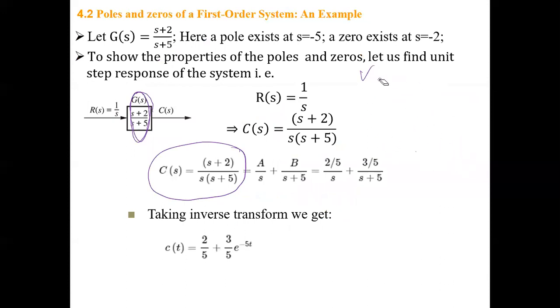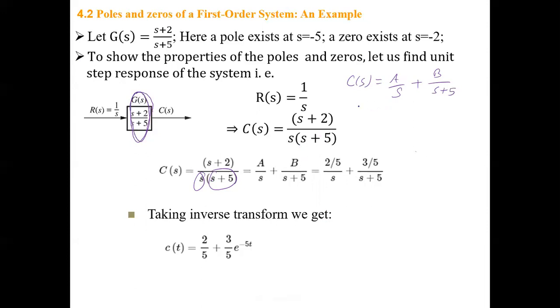Now what you have to do here is the partial fraction. So C of S equals A over S, because you have 2 factors on the denominator, S and S plus 5, plus B over S plus 5. How do you find the partial fraction?